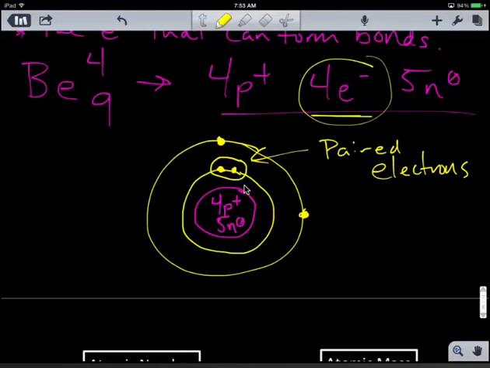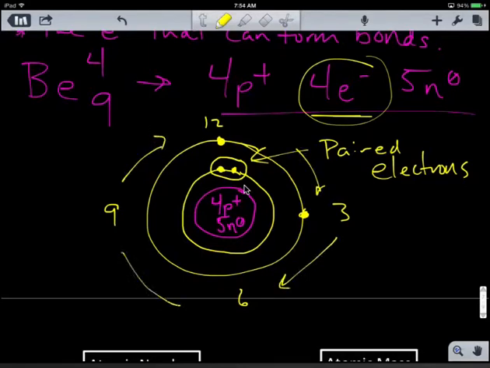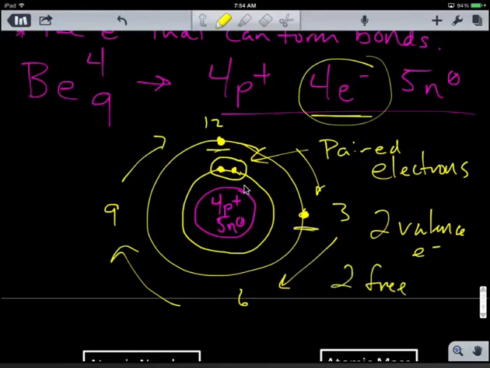But you start at 12 o'clock, you go to 3 o'clock, then you go to 6 o'clock, then you go to 9 o'clock, and then you would come all the way back, I'll put some arrows in here, to 12 o'clock if it was a different element. But in this case, we are talking about beryllium and beryllium only. So beryllium has 2 valence electrons, and coincidentally, they're not paired up at all. You can see they're sitting here, they're free. So it has 2 free valence electrons.